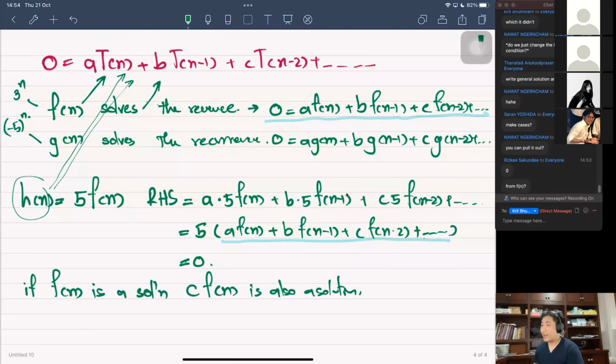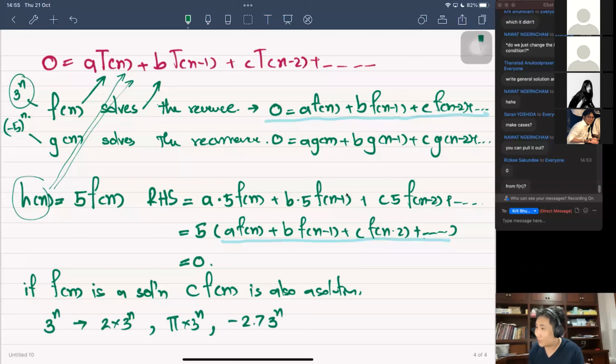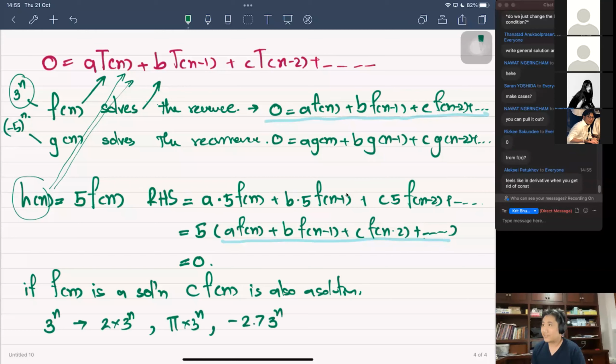This is actually very powerful, because when you get one answer, like 3 to the n, I can generate a whole bunch of other answers. 2 times 3 to the n is also an answer. Pi times 3 to the n is also an answer. Or maybe negative 2.7 times 3 to the n is also an answer.